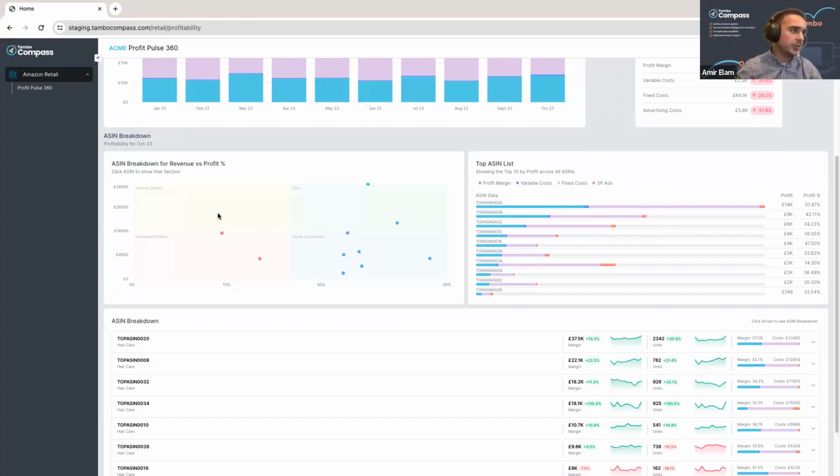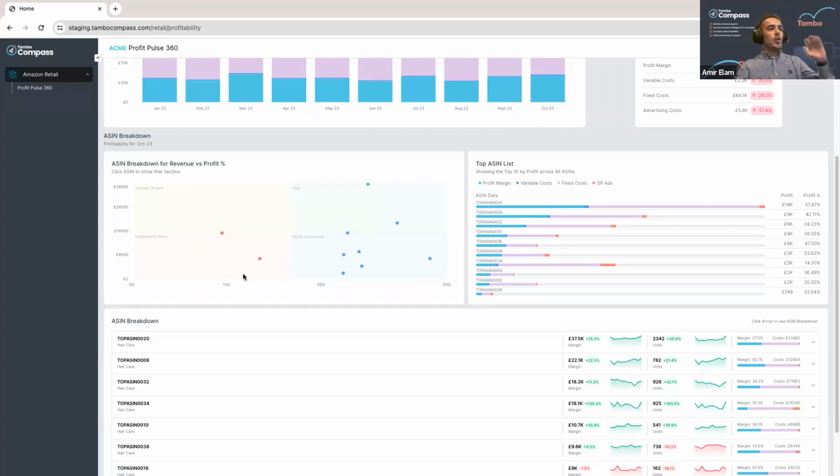So we built this matrix where essentially we are measuring profit margin in terms of revenue versus percentage. And based on your top filters, it categorizes your products in 4 buckets. Starting with the bottom left, which is a place you don't really want to be, these are the underperformers.